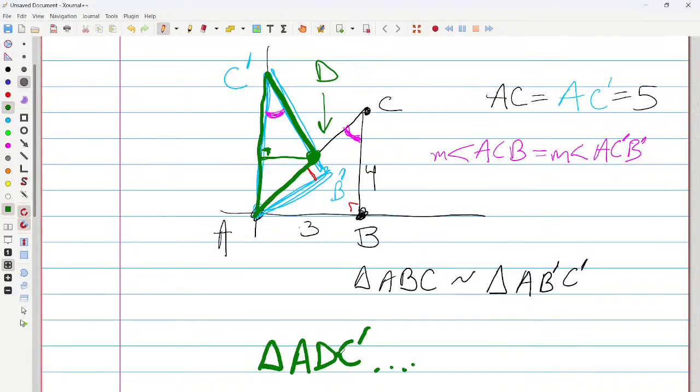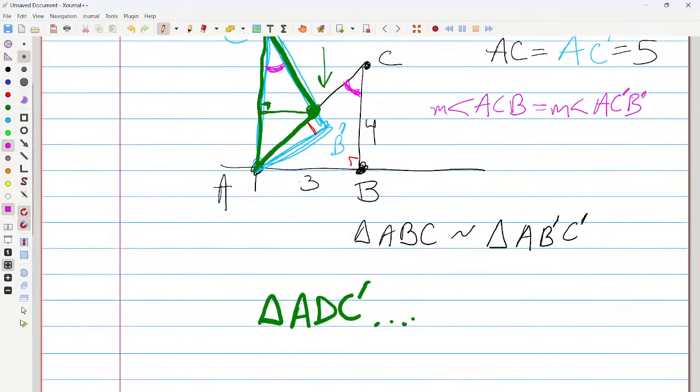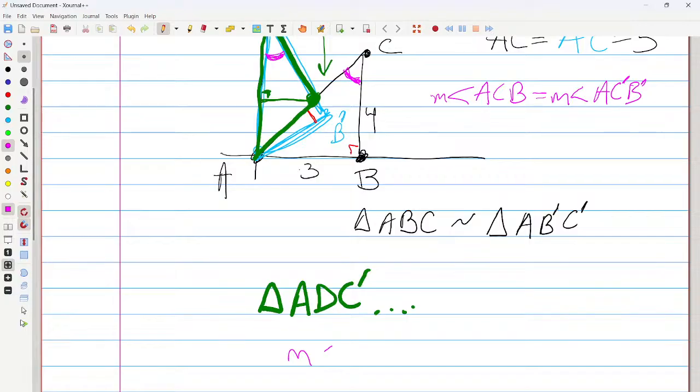Focusing in on that, we can recognize that the measure of angle DAC prime right here is equal to the measure of angle ACB.